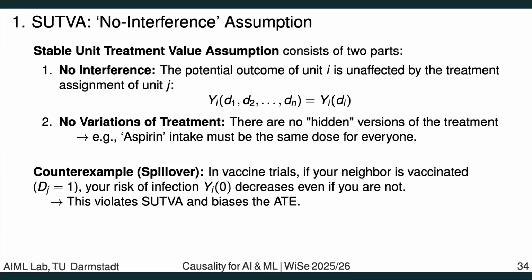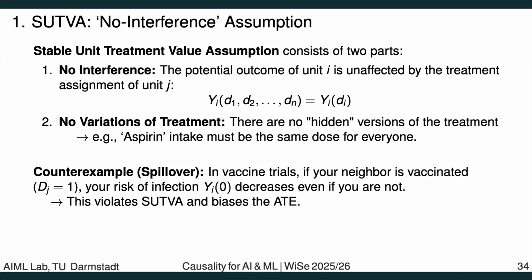For example, if I get your neighbors vaccinated, then your risk of infection drops too, because you are now less likely to get the disease. However, that messes with the probabilities and this assumption. In the end, again, there are techniques to account for that, but that's even a very simple case to consider. And then you have to think about how to account for those effects.